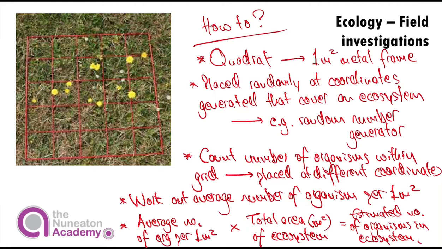Now, a quadrat is simply a 1 meter squared metal frame that is usually split into smaller squares itself. Now, what we will have done within the lesson, what you will need to make sure you are confident with, is the methodology of how to use a quadrat to estimate the total number of a specific organism within an ecosystem.